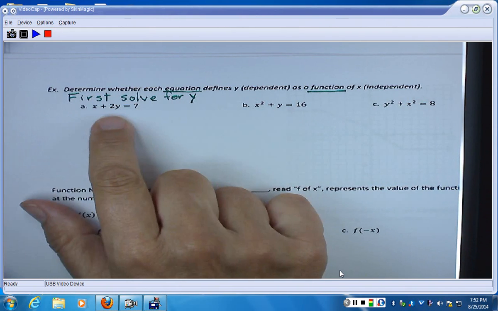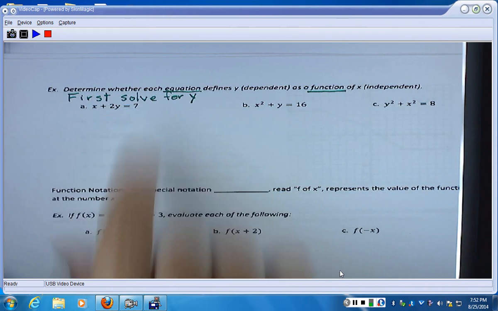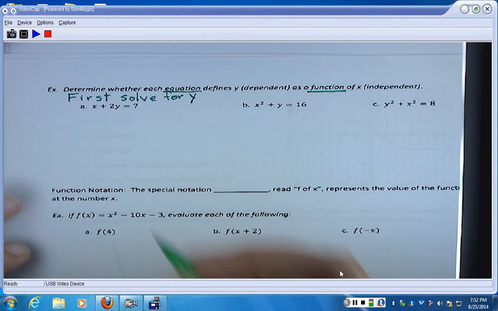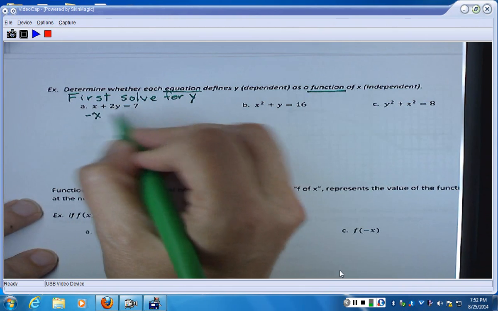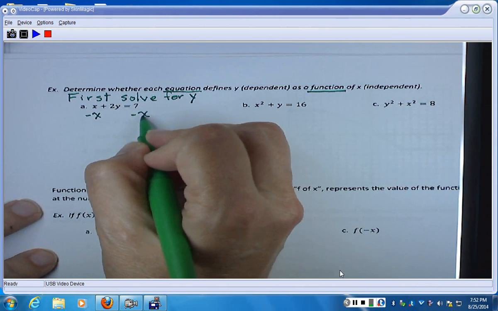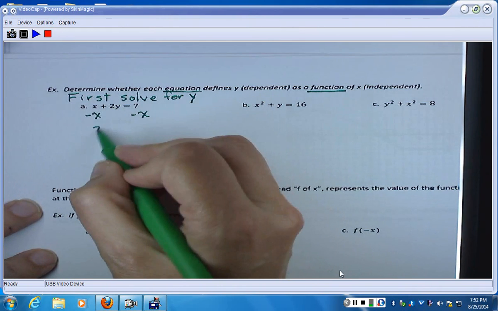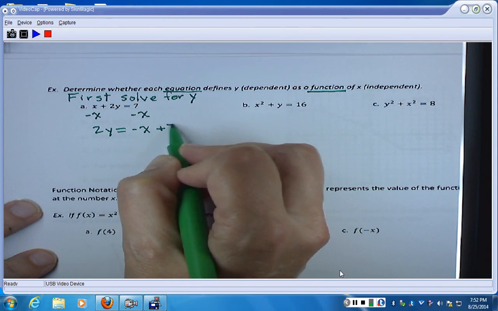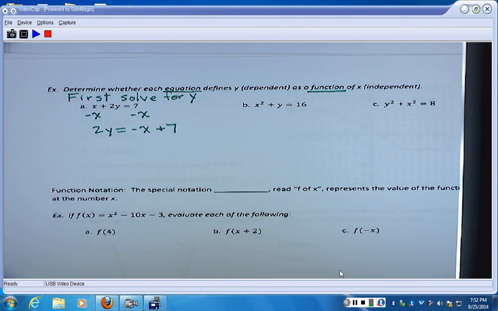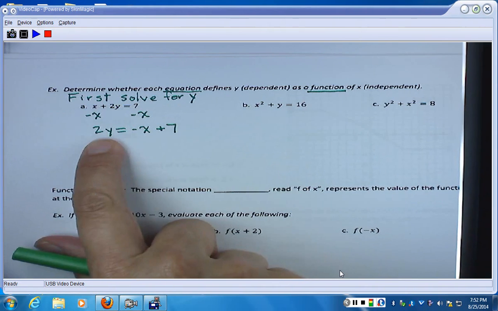So to solve x plus 2y equals 7, we want to get the 2y by itself, so we subtract x from both sides. So 2y equals negative x plus 7. Now you're going to divide by 2 to get the y by itself. So first get the term with y in it by itself on one side of the equation.